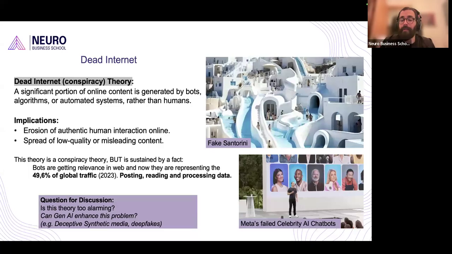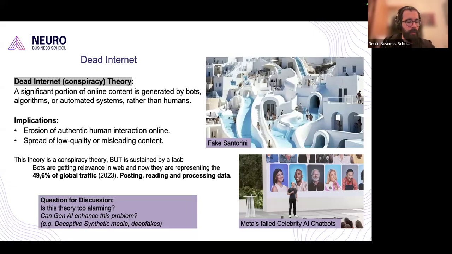What does it mean? Well, there is a lot, a lot of content online everywhere, in websites, in social media, and so on, that is created by non-human sources. Could be artificial intelligence, especially nowadays.